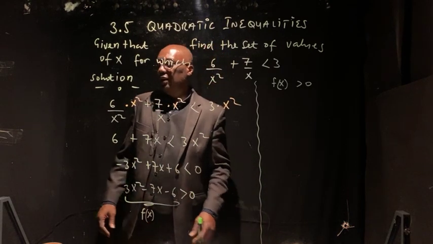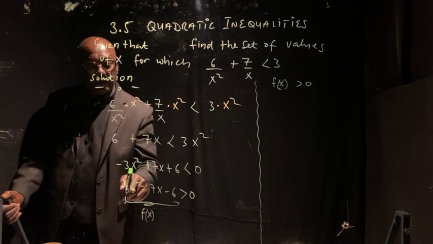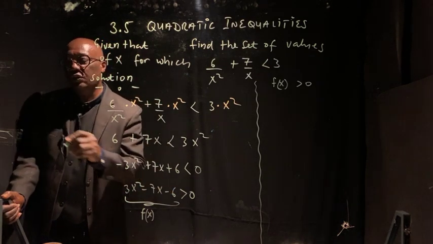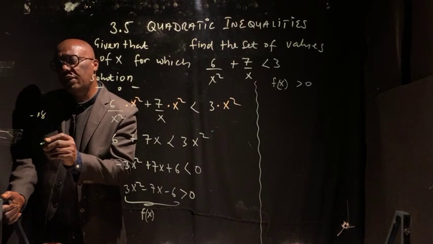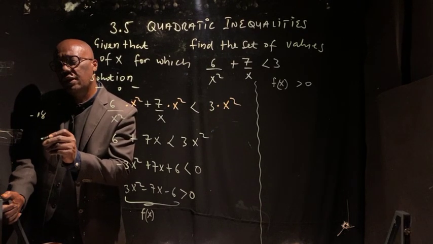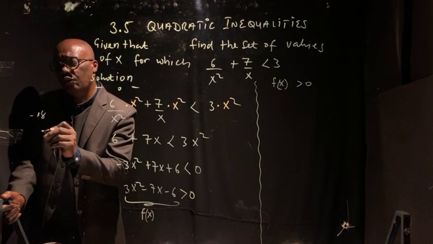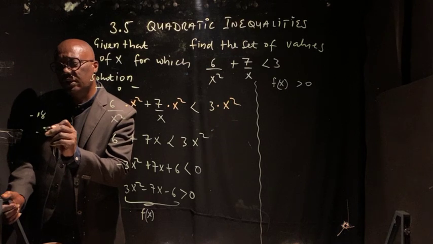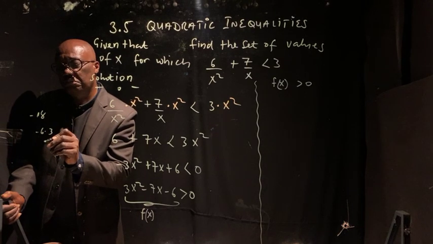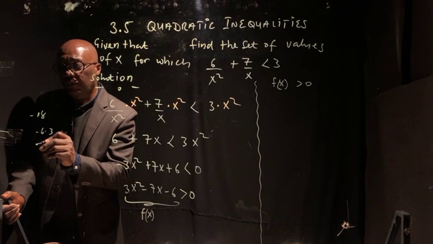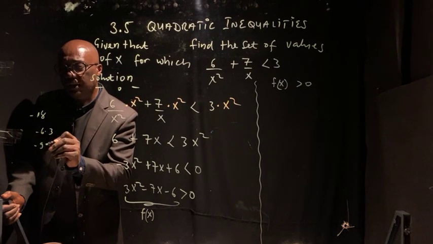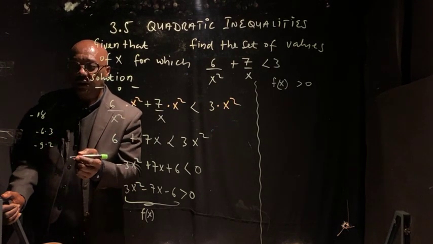But maybe, let me do it here. 3 multiplied to minus 6, you have minus 18. But honestly, minus 18 is also no different from minus 6 times 3. It is also no different from minus 9 times 2, whichever.